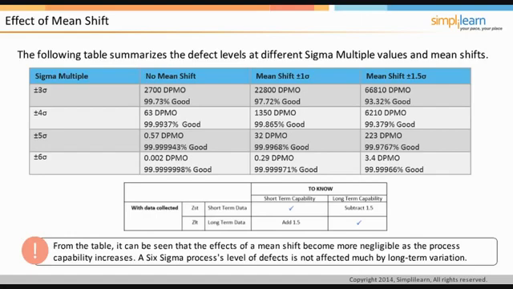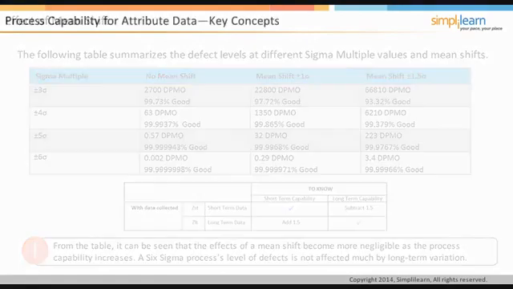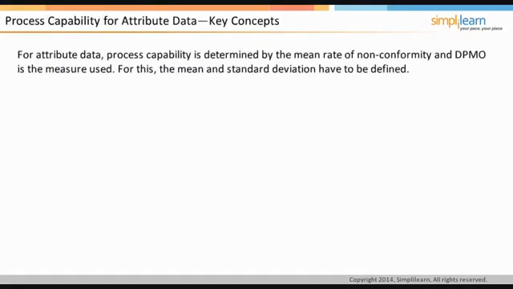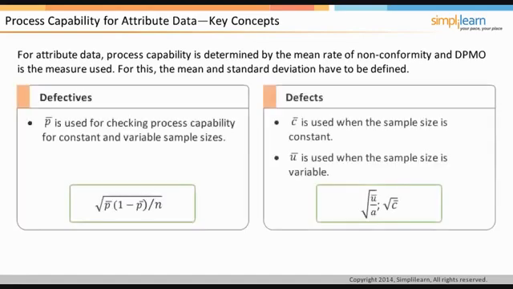In the next screen, we will look at key concepts in process capability for attribute data. The customary procedure for defining process capability for attribute data is to define the mean rate of nonconformity. Defects and defectives are examples of nonconformity. Defects per million opportunities, or DPMO, is the measure of process capability for attribute data.